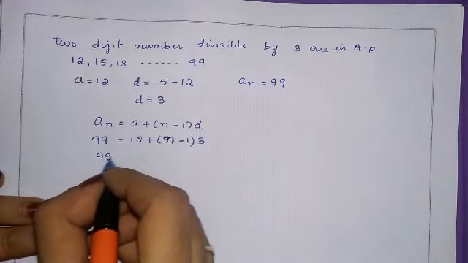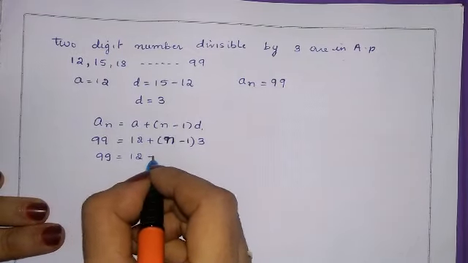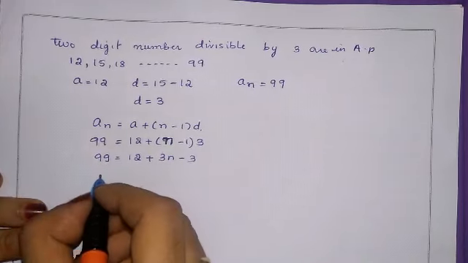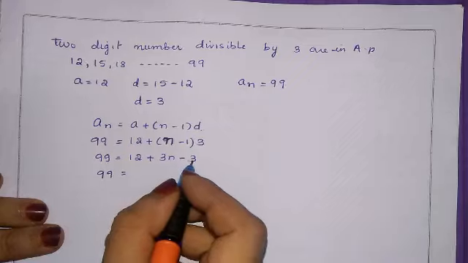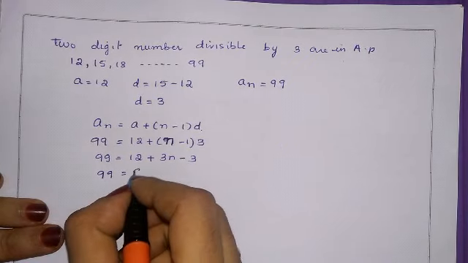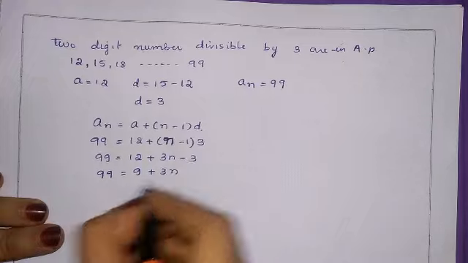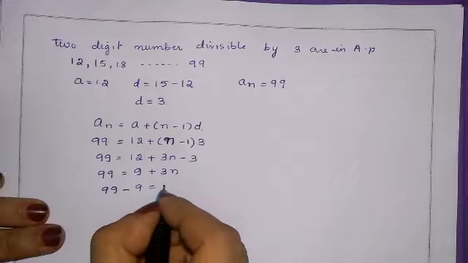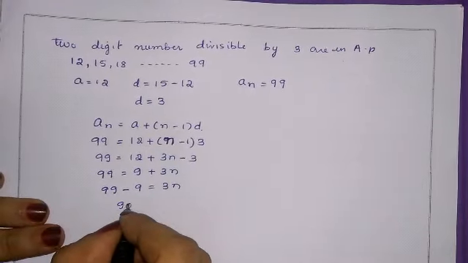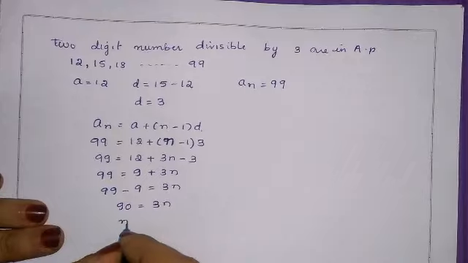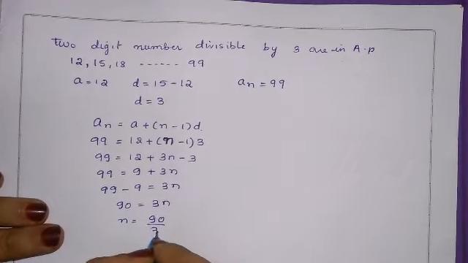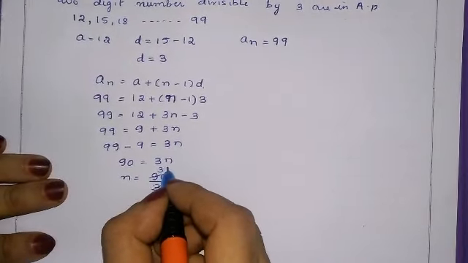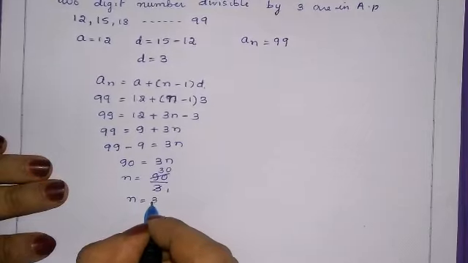So 99 is equal to 12 plus 3n minus 3. 99 is equal to 12 minus 3, which is 9, plus 3n. 99 minus 9 is equal to 3n. 90 is equal to 3n. n is equal to 90 by 3. 3 ones are 3, 3 threes are 9, 0 as it is. n is equal to 30.